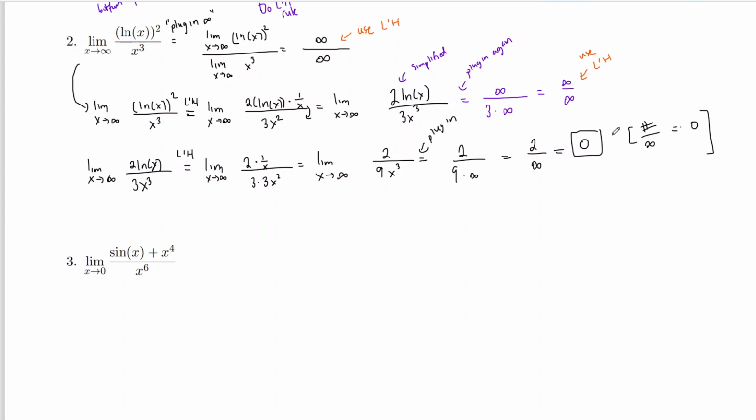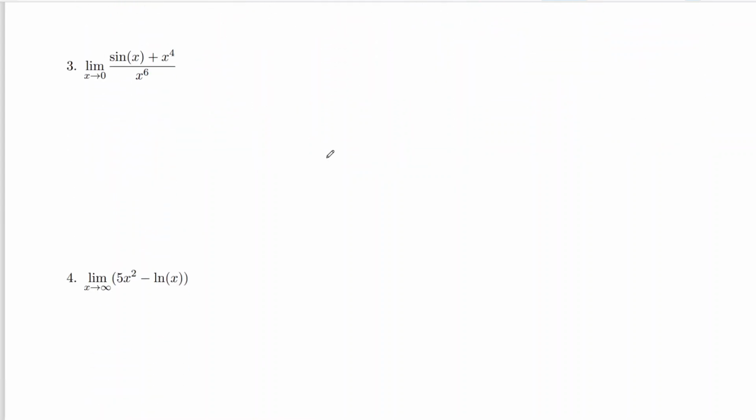Right. And then number 3. So number 3, we're doing the limit as x goes to 0 of sine of x plus x to the 4th over x to the 6th. Right. Let's see what happens here. Usually functions are given to us pretty simplified. There's nothing to possibly factor and cancel out.